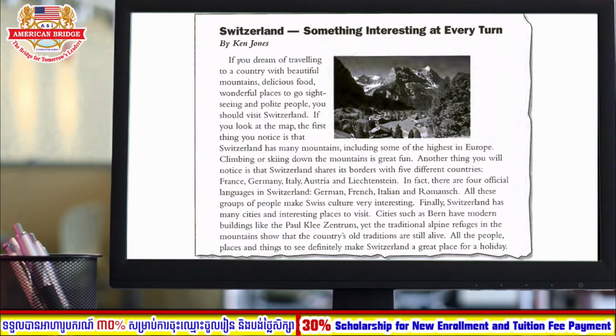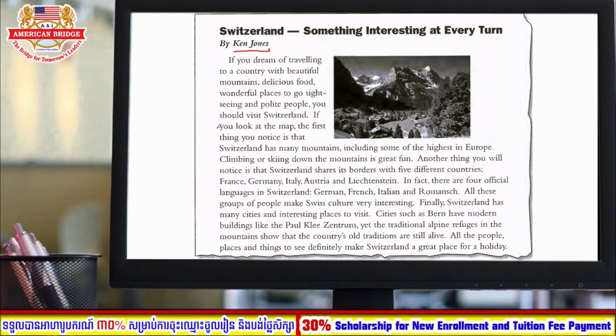As you can see, the name of the writer, Ken Jones, is the writer of this paragraph. So this is a paragraph. Why do we call this a paragraph? Because it talks about one topic only. The main topic of this paragraph is about one country.